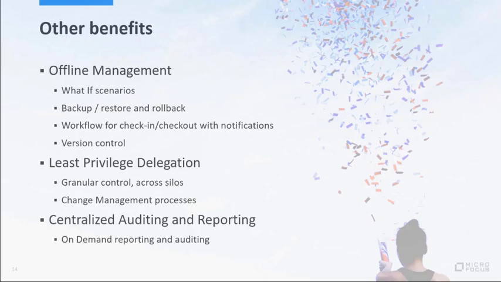And then there's version control as well. There are also methods built into the product to help you do some delegation. So if I want to delegate somebody to just manage policy for that office in San Francisco that does marketing, we can do that. And then it fully supports change management process. And then there are some reporting pieces, and I'll touch on this in a couple of upcoming slides and some examples here.